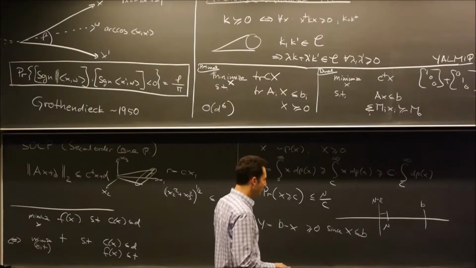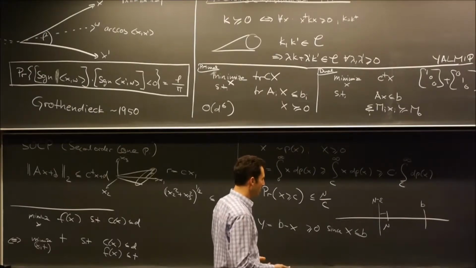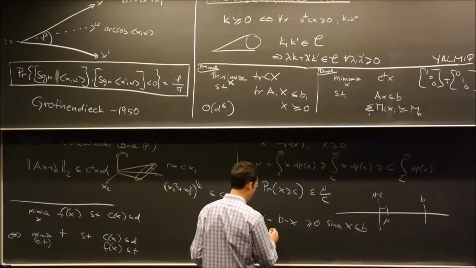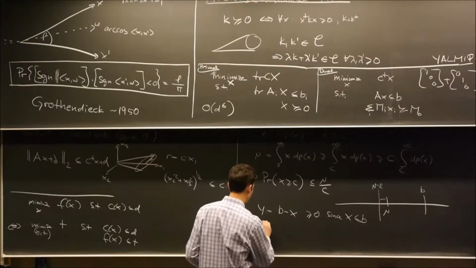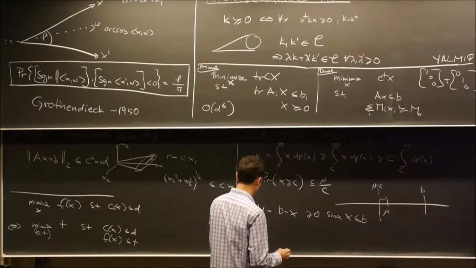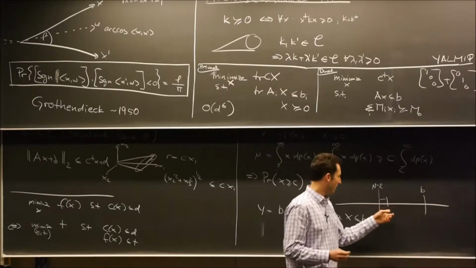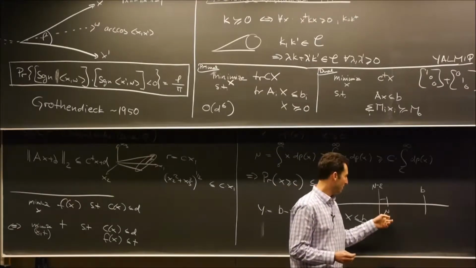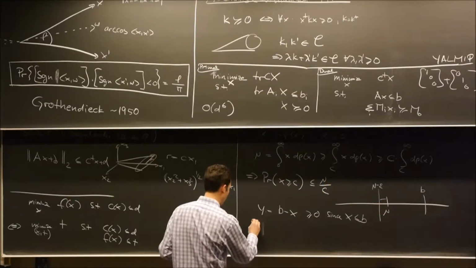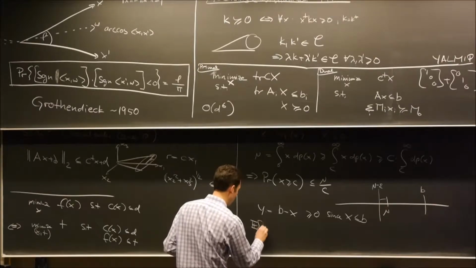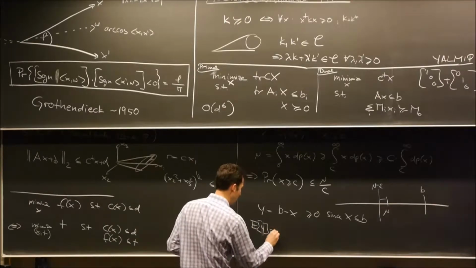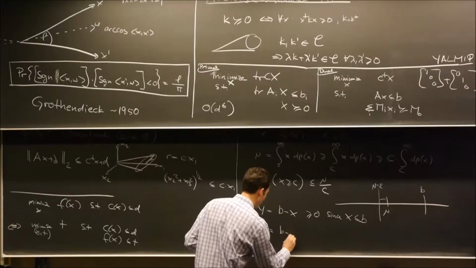Okay. And then all I have to do is just look at the probability. Furthermore, if mu was the expected value for x, then I know that the expected value for y is simply b minus mu.